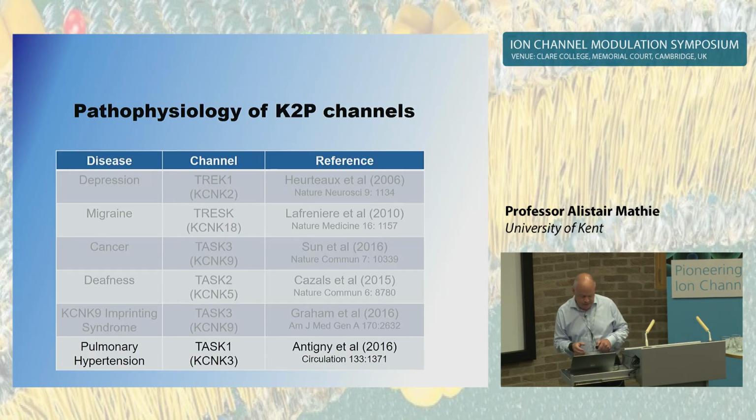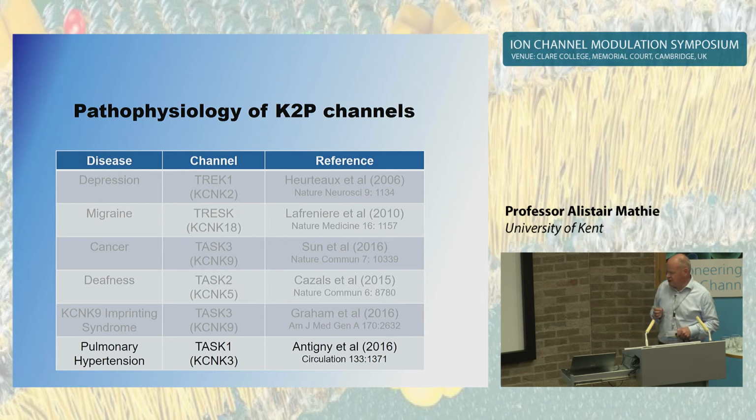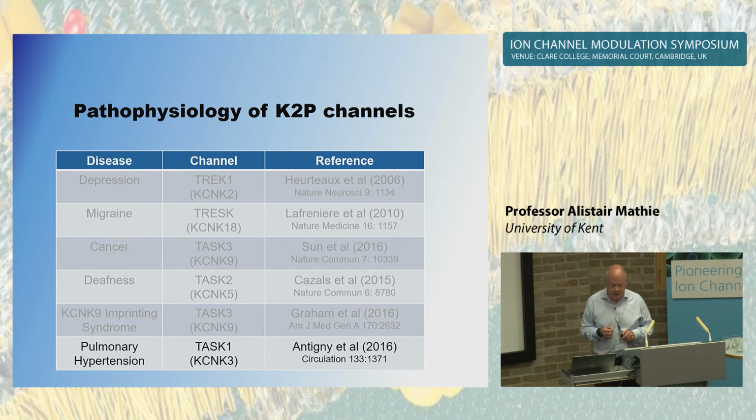So I'll skip on to the second thing I wanted to talk about, and this is changing to a different K2P channel family member, TASK1, KCNK3, and its suggestion as a potential therapeutic target in pulmonary hypertension. Pulmonary hypertension is also a rare disease, not so rare as KCNK9 imprinting syndrome.